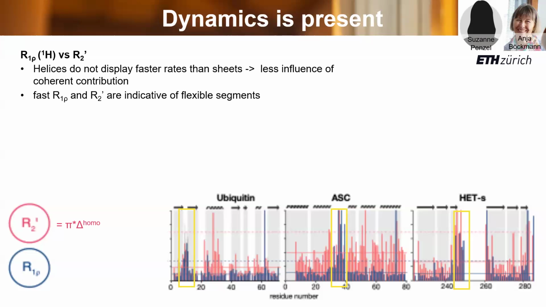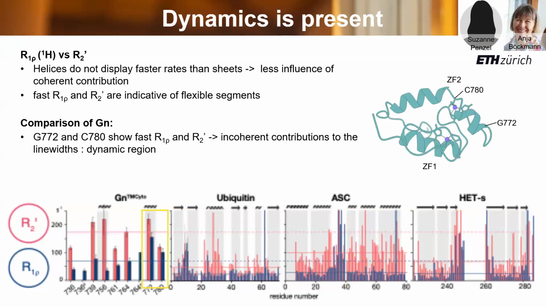And if we do this comparison in GN, we see that for these 2 residues, 772 and 780, they both show fast R1rho and R2', indicative of dynamics. And they are both part of the second zinc finger of the protein. So the second zinc finger is dynamic.